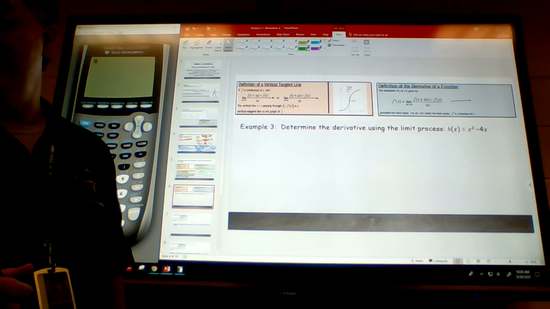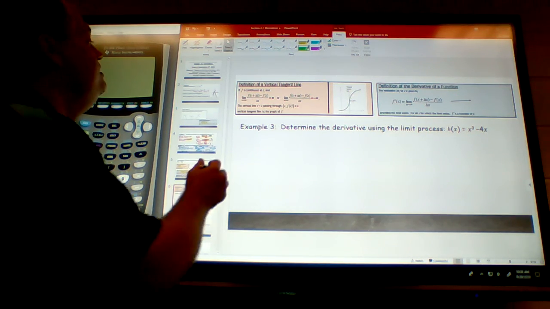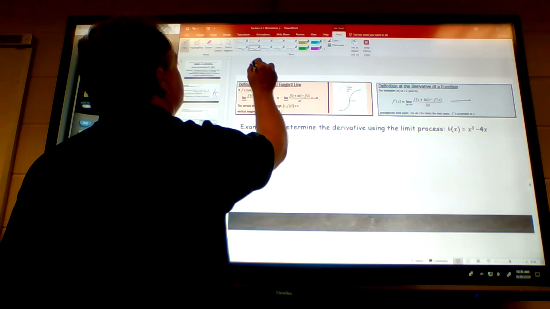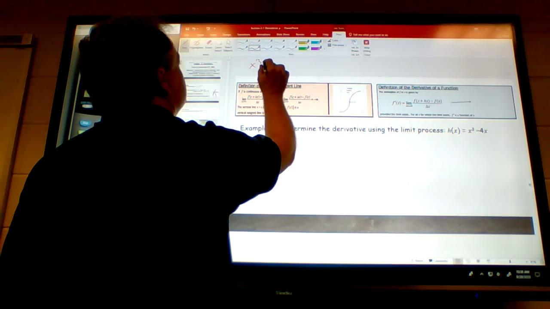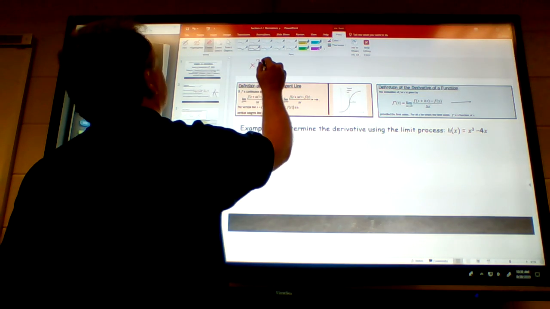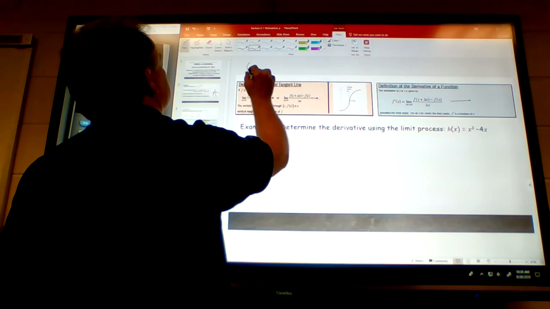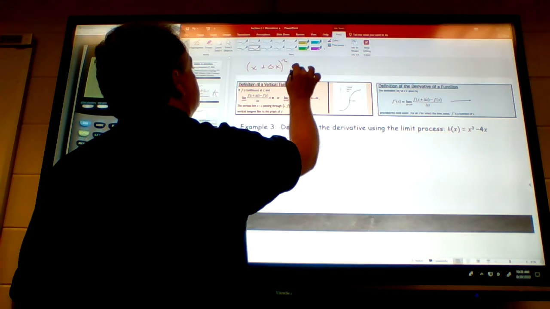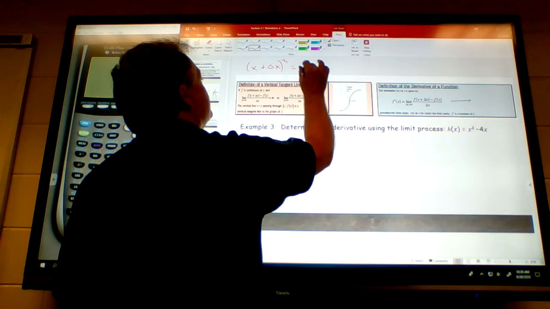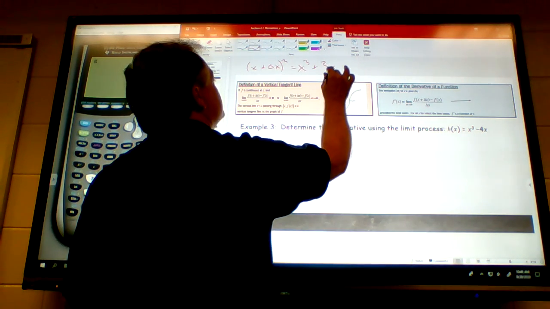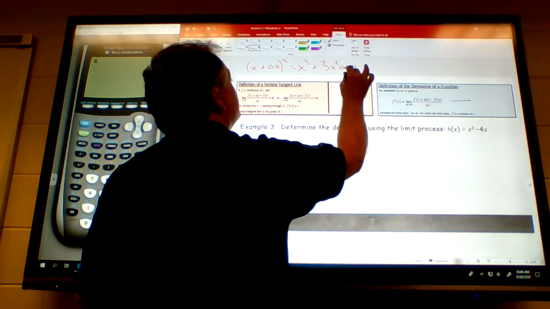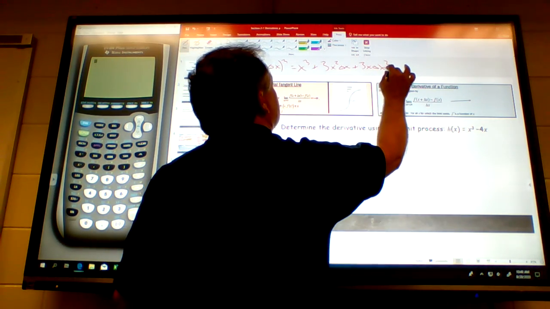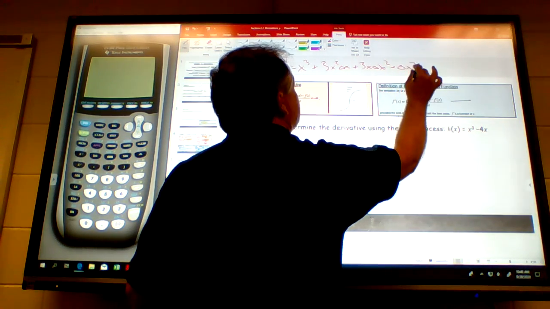So here's what you need to know. Let me rewrite that. You need to know that it is x to the third plus 3x squared delta x plus 3x delta x squared plus delta x to the third.